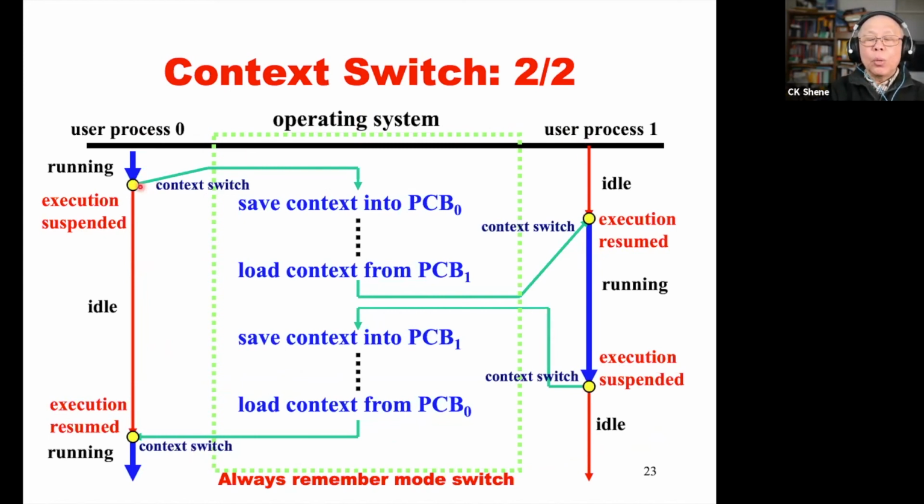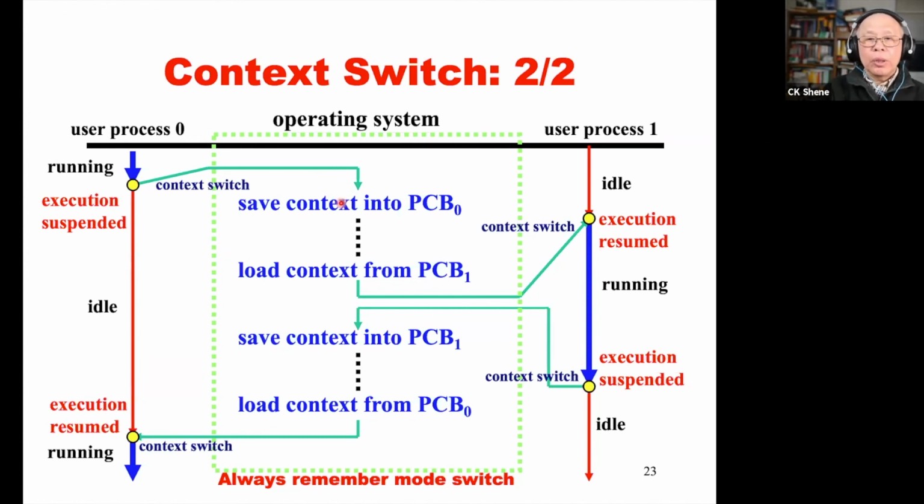And due to whatever reason, an interrupt or process 0 wanting to wait for something, the execution of process 0 is suspended. So a context switch brings the control back to the operating system so that the CPU is in the kernel mode.